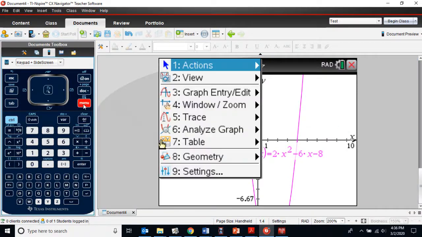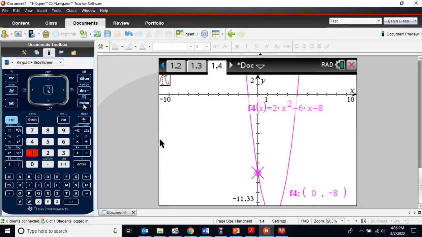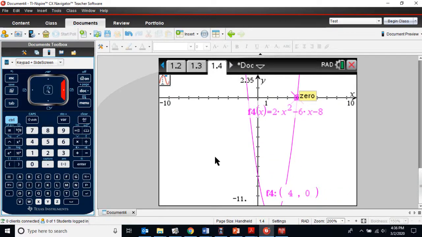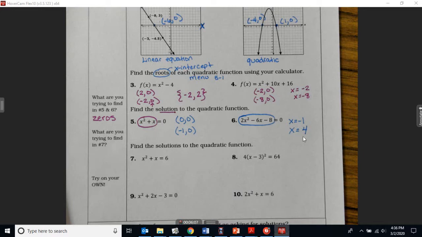But again, menu 5, 1. And look, it starts you down here at the y-intercept. So if I scroll left, I see my x-intercept is -1. And if I scroll right, it takes me back to the other one, which is 4, 0. Okay, so write both those down. I wrote them a different way this time.